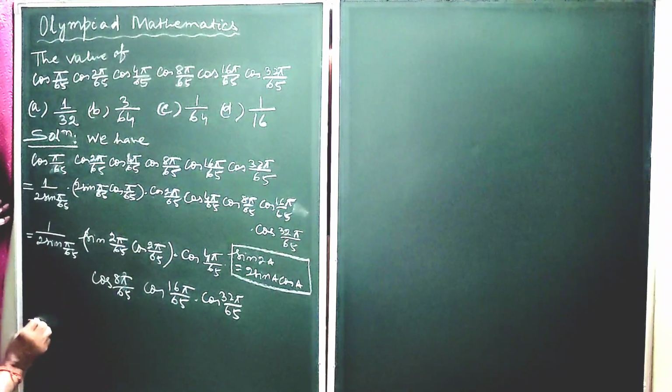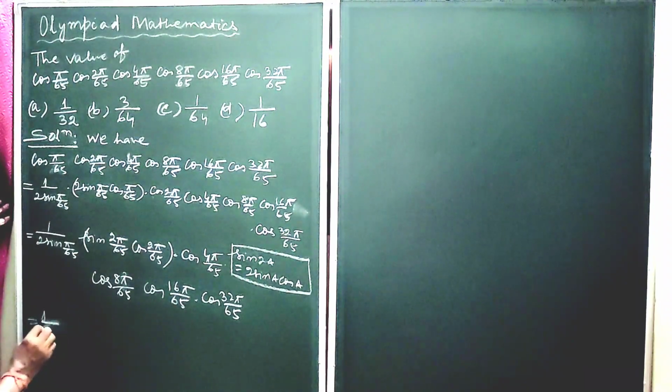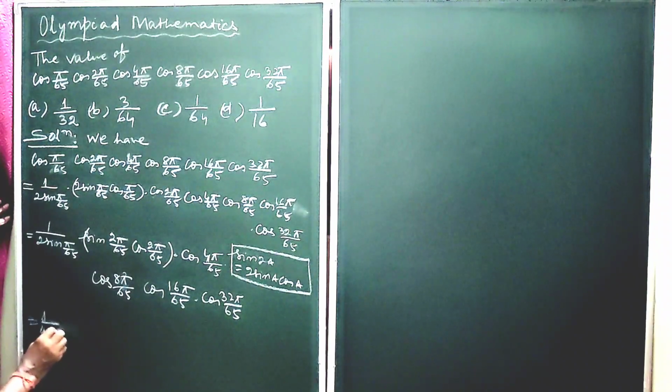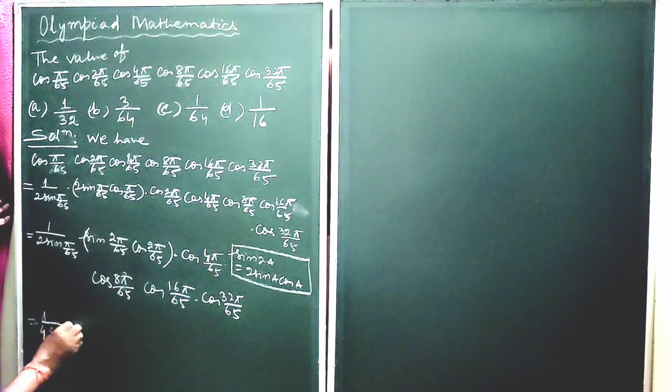This is equal to 1 by 2 into 2, that is 1 by 4 sin pi by 65.